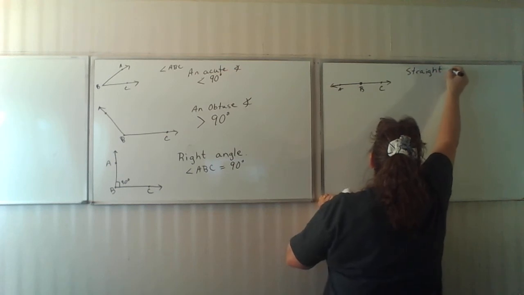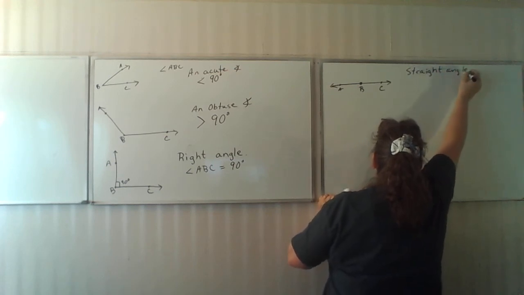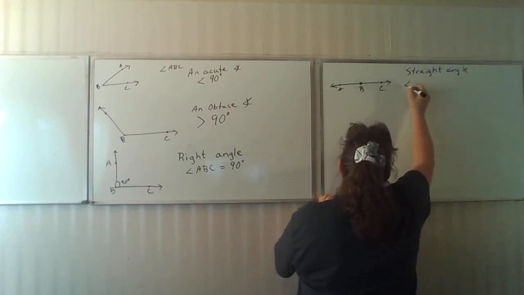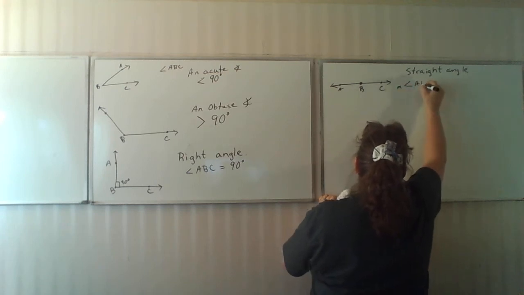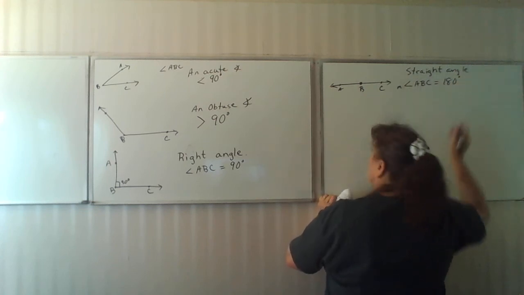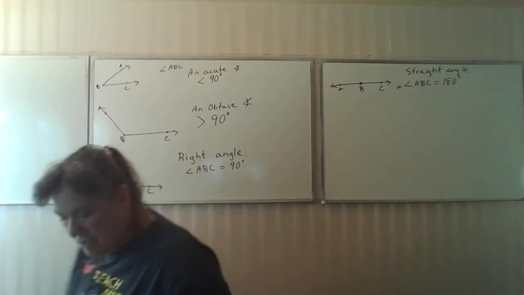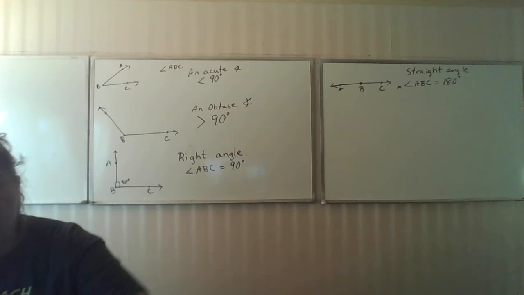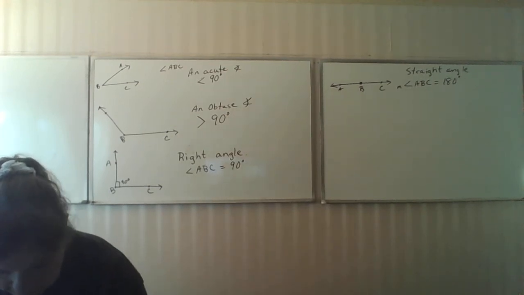And in a straight angle, the measure of angle ABC equals 180 degrees. So you see we have four kinds of angles that you're going to deal with in this course.